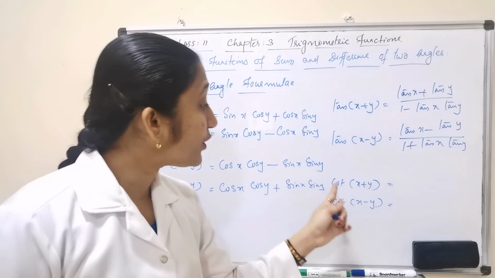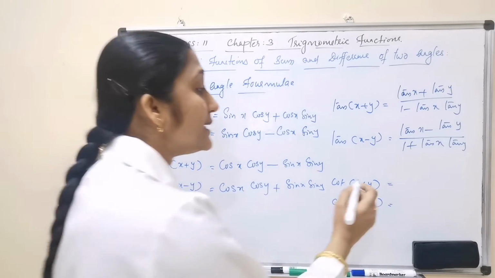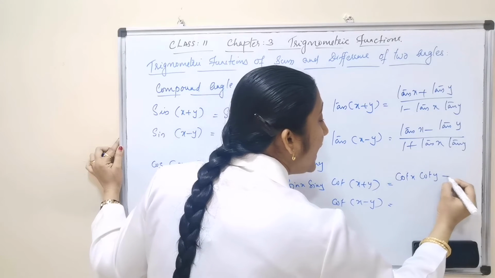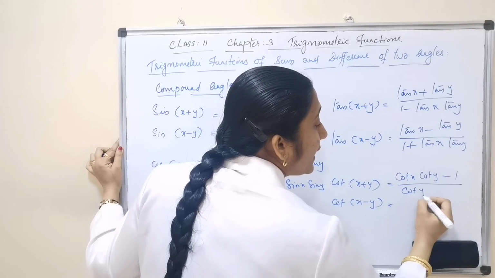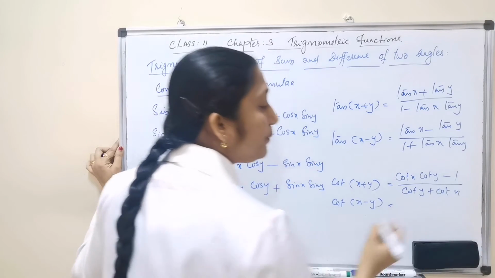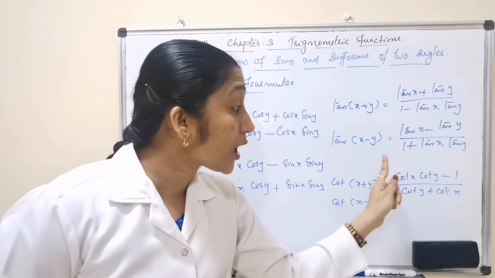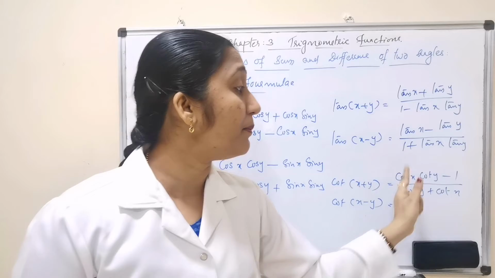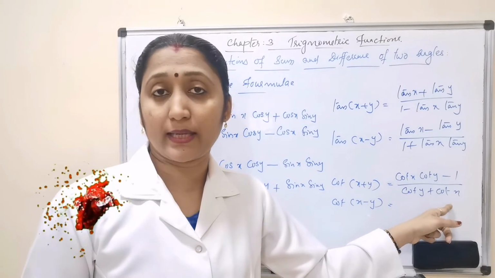In the case of cot of x plus y, we want to know cot x cot y minus 1 divided by cot y plus cot x. So cot of x plus y is cot x cot y minus 1 divided by cot y plus cot x.